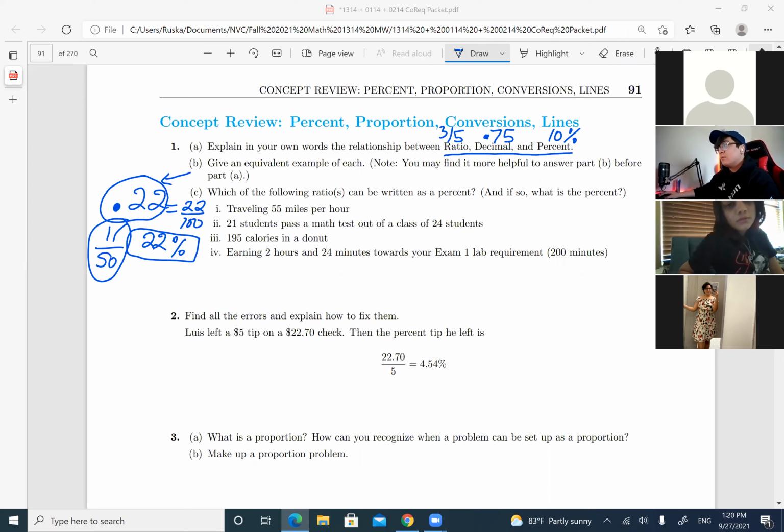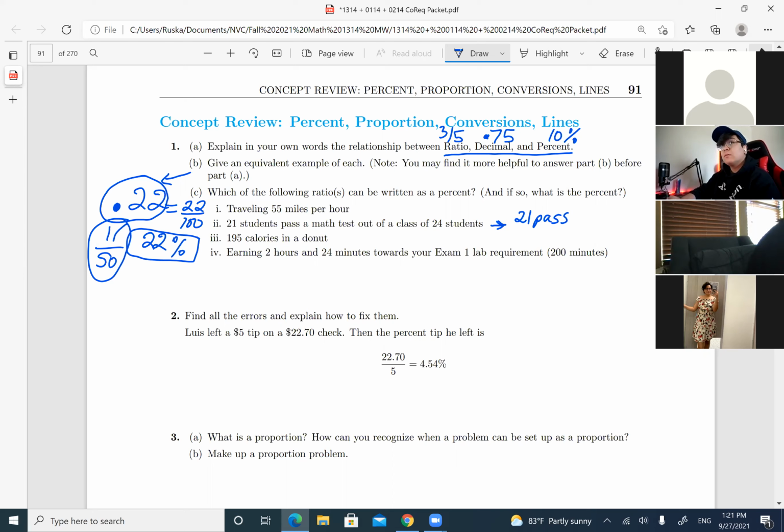21 students pass a math test out of a class of 24. So if the question is how many pass, yes, you can write it. How can you write this? You're going to get the fraction, right? So 21 pass, or you can find how many fail.